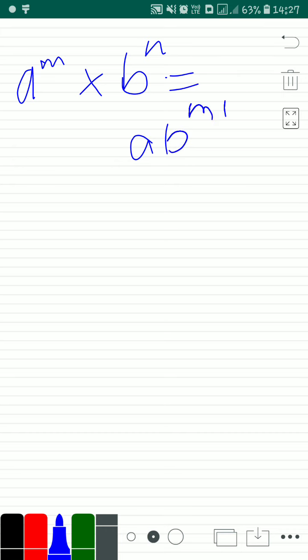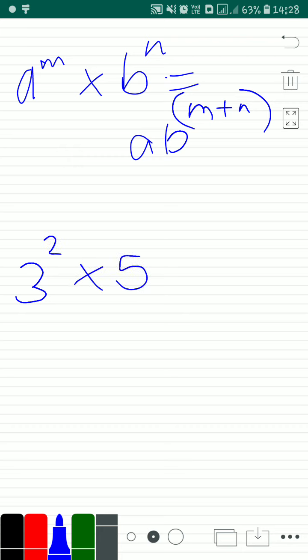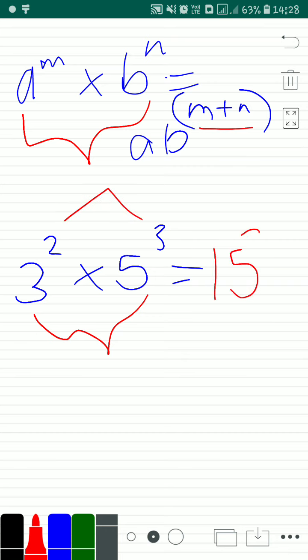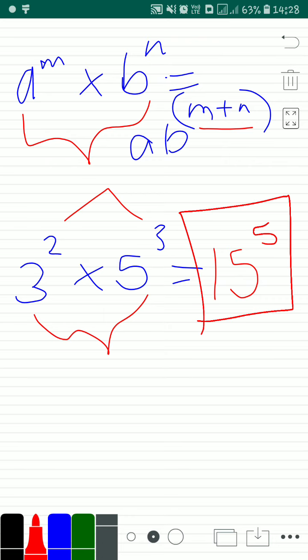For example, if I have 3 raised to 2 into 5 raised to 3, because all numbers are different, a, b, m and n. So my answer ab will be 3 into 5, that is a into b, that is 15, and m plus n means 2 plus 3, that will be 5. So this will be my final answer.